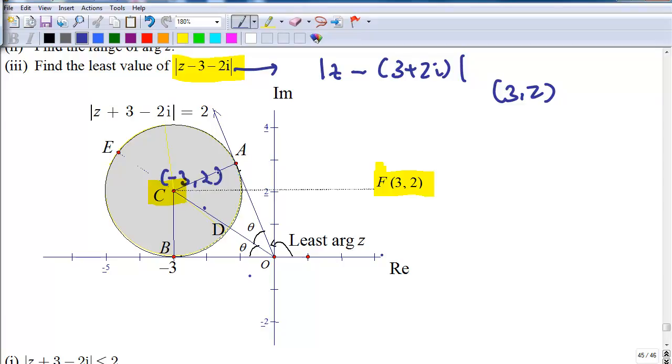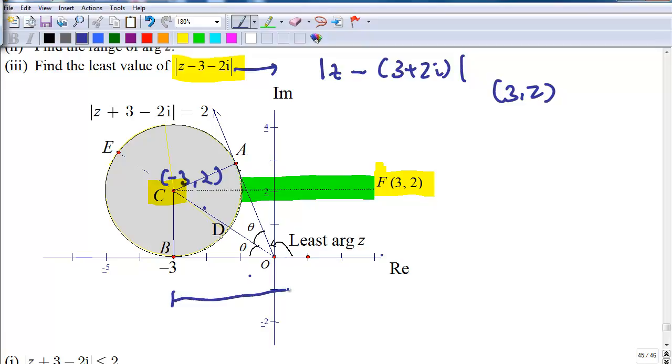So if I want to find the least distance between any point inside the circle and on the circle with the point F, then I can very quickly see that this distance is this one here. That's the shortest distance, and that shortest distance is something that I can write down very quickly. Why?